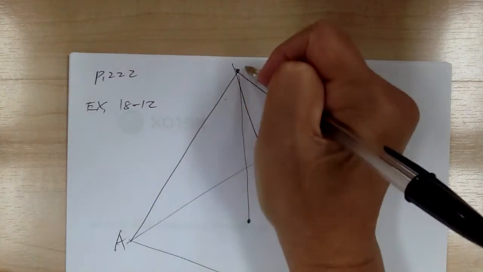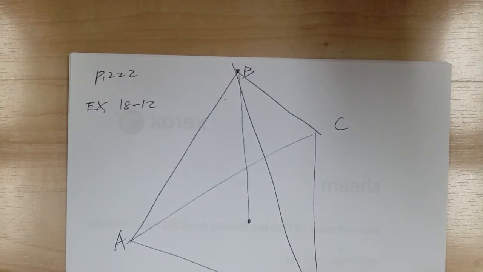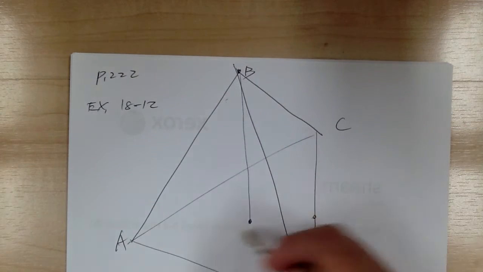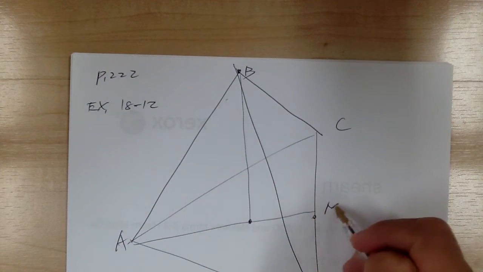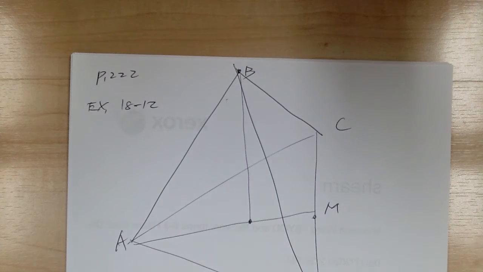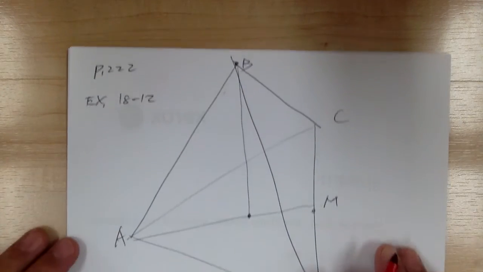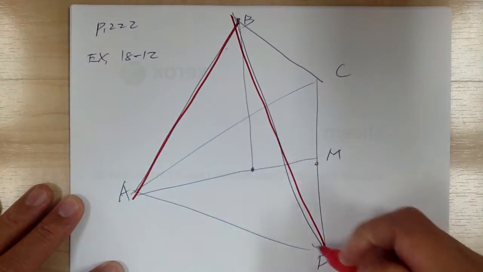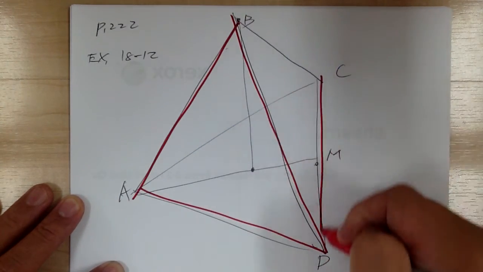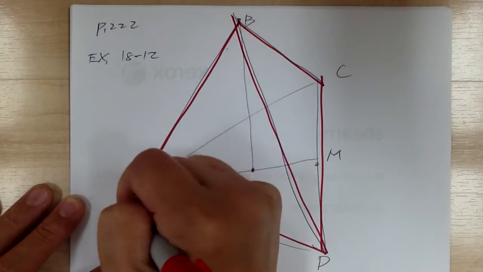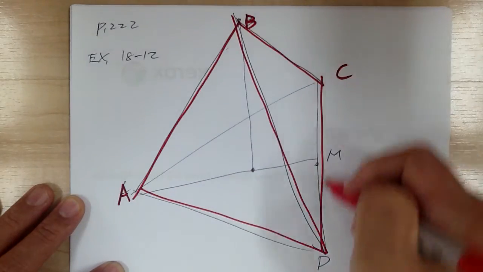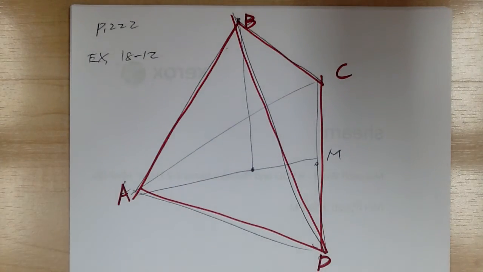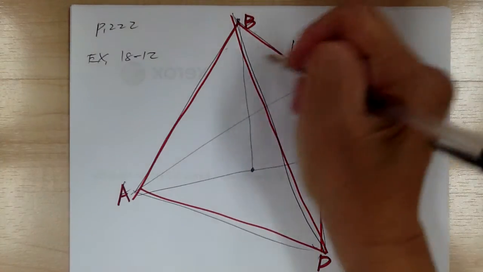Here are your A, B, C, D, and here's your M. Sometimes it's harder to see, so I'm going to make the edges red. Each side is equal to 1.